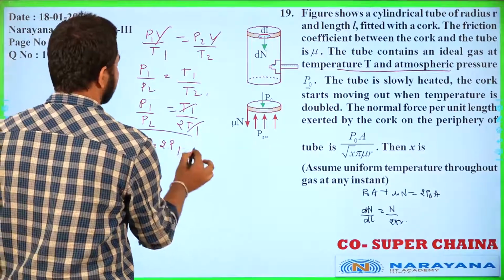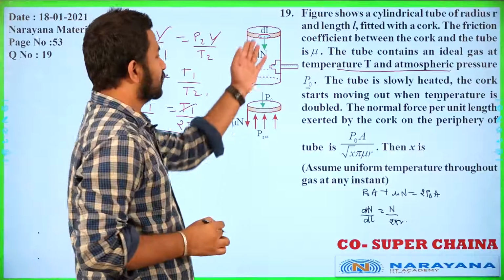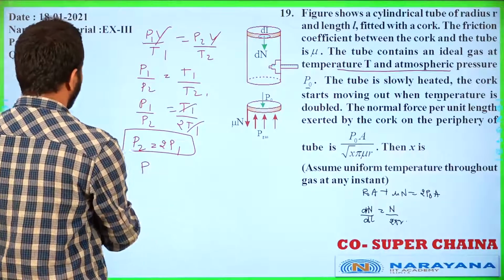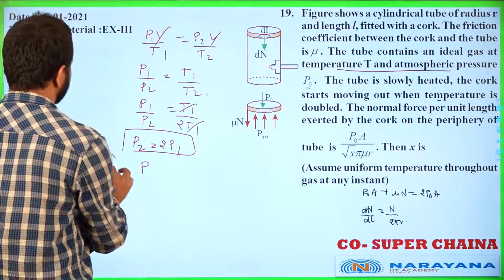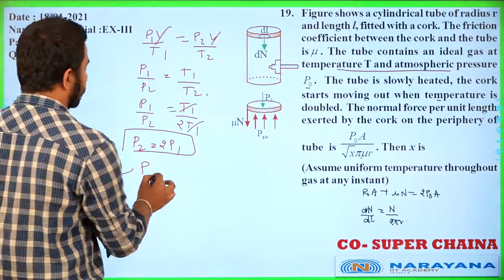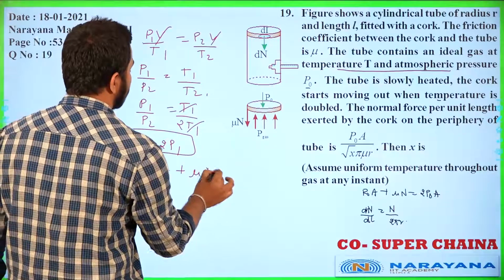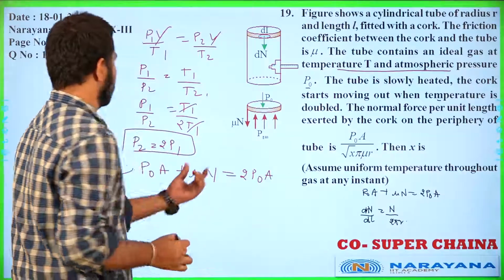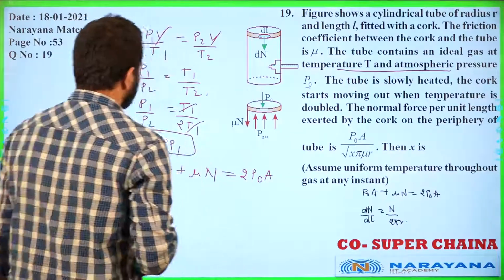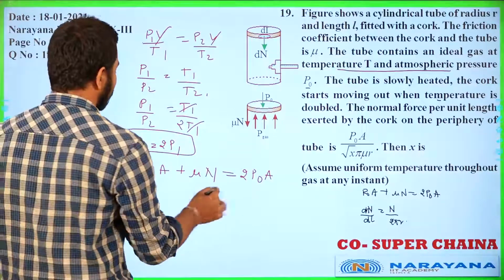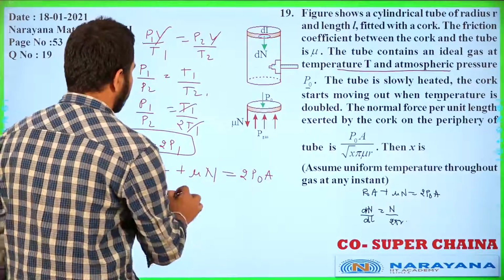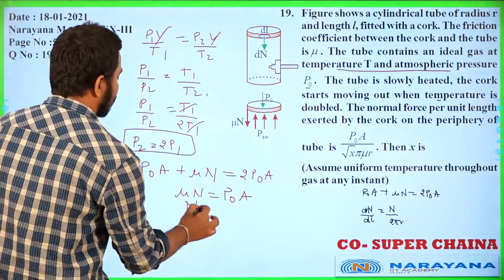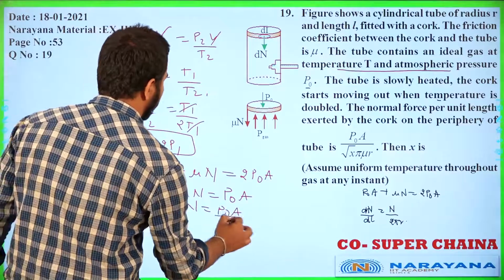Now student, if you see this diagram and balance the forces, we can write from the diagram: P naught A plus mu N equals 2 P naught A. Yes, just now we got the value here. If you simplify this, mu N will be nothing but P naught A. So N will be nothing but P naught A by mu.